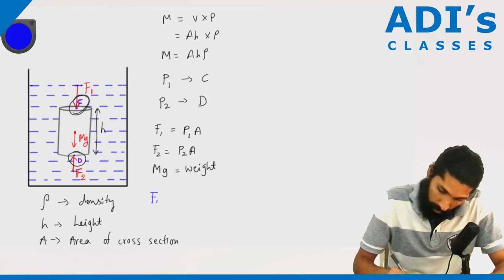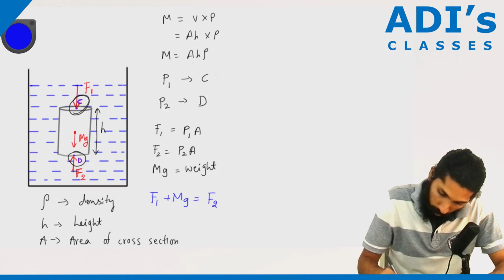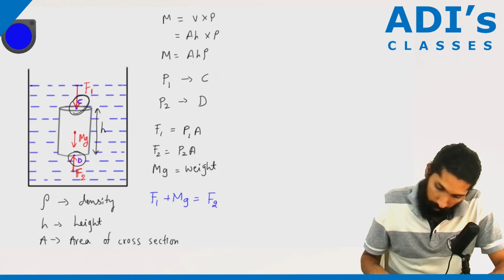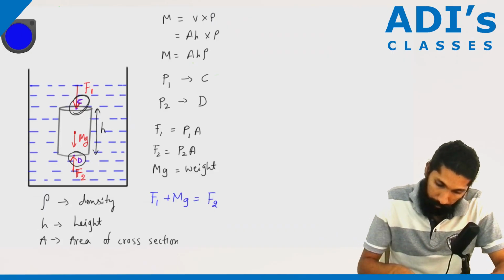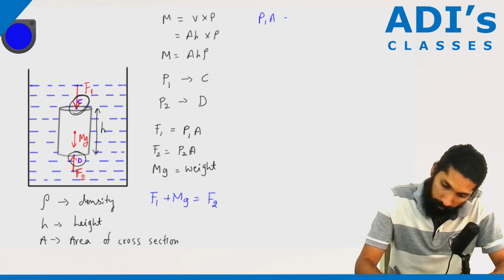You have F1 plus mg is equal to F2. Isn't it? F1 plus mg is equal to F2. Now what is the F1 value? F1 is equal to P1A, plus mg is equal to P2 into A.